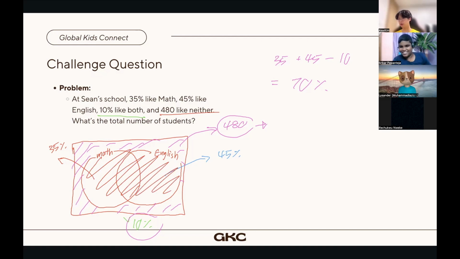So this whole area that excludes the students that don't like math and English is 70%. And so we can say that this 480 represents 100% minus 70%, or 30% of the entire student population.